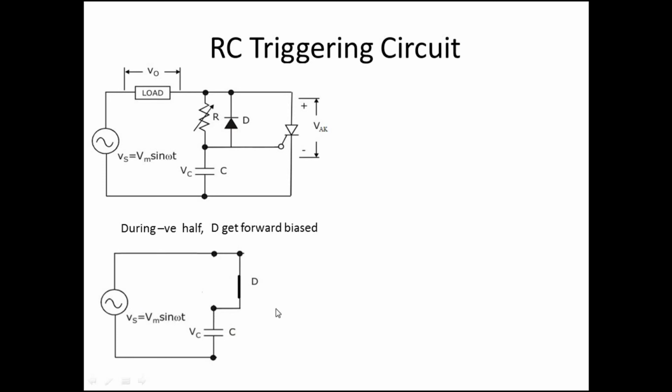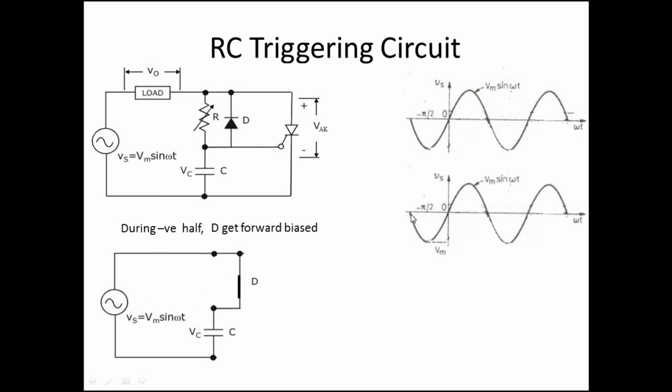So what will then be the Vs? This is the Vs, a simple sine wave, Vm sin omega t. Now the capacitor is connected to this Vs, so it will charge up to the maximum value. It is negative now, so it will charge like this, with the voltage increasing negatively up to the maximum value, and it will hold that maximum value Vm.